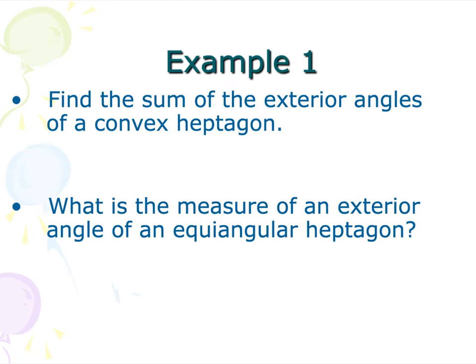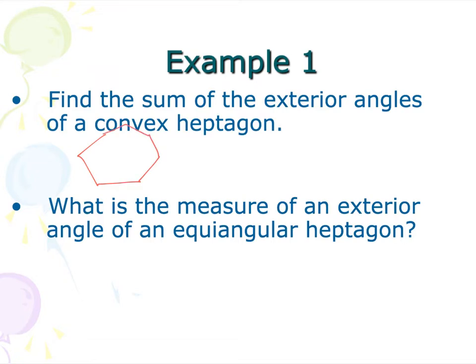All right, a few quick examples. Find the sum of the exterior angles of a convex heptagon. A convex just means it's like a normal looking heptagon. It's not necessarily regular. Convex versus concave. So convex will look something like this, with 7 sides.